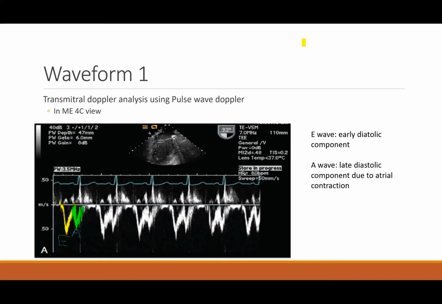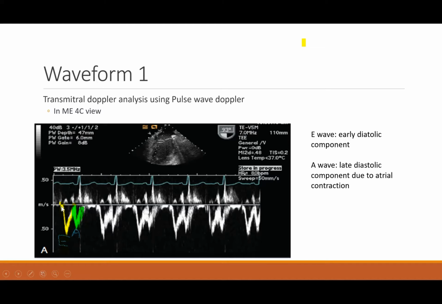In a normal waveform, as seen in the picture, negative deflections are seen in transesophageal echocardiography because the blood is flowing away from the probe. There is a bigger negative waveform, the early diastolic component, the E wave, followed by a late diastolic component, the A wave.